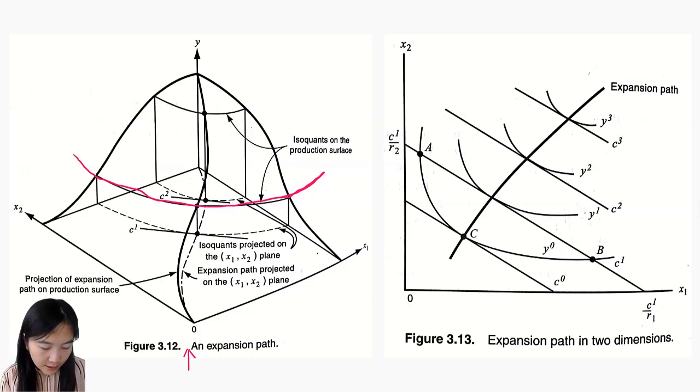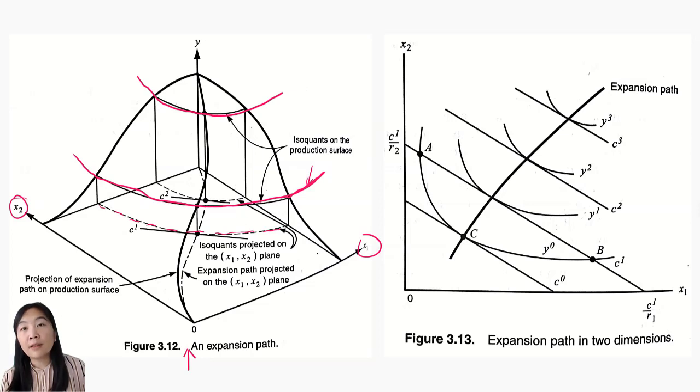If you project that output level to the X1 and X2 plane, or the X1 and X2 space, then you get that dashed line there. So that's your isoquant curve for this level of output. And you can also find another output level and project that onto the X1 and X2 space.